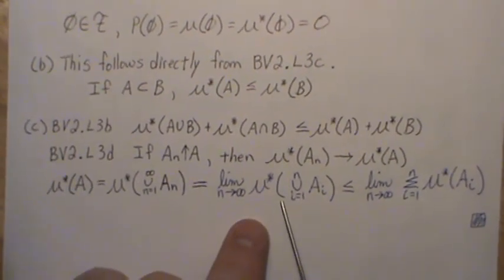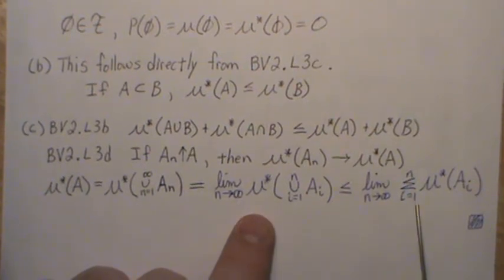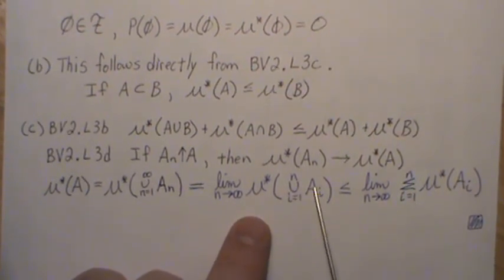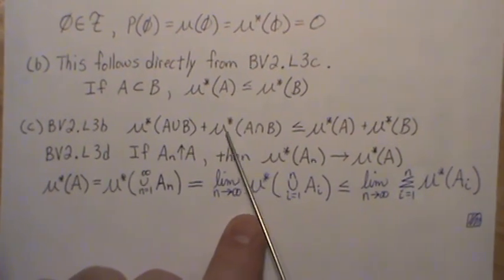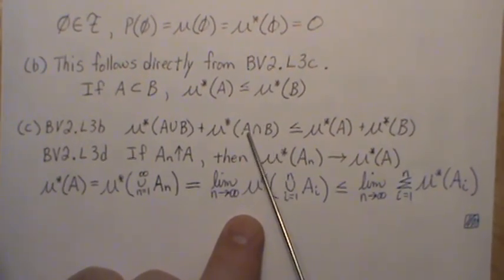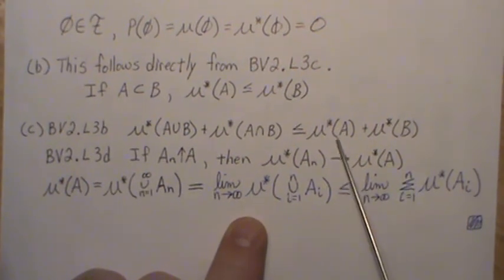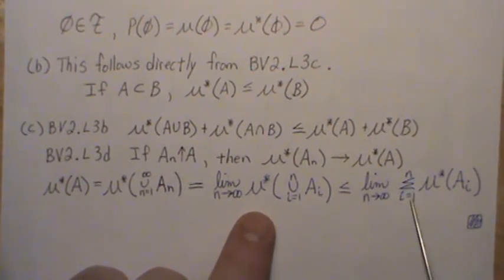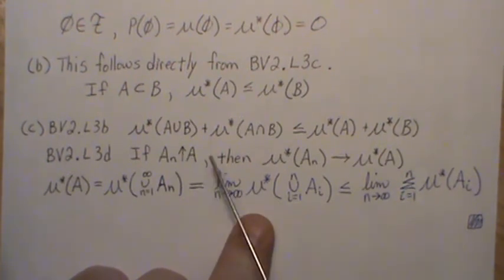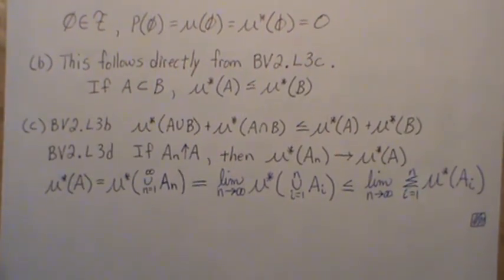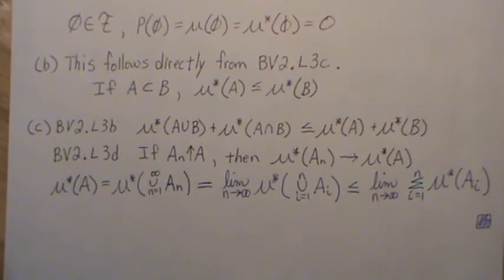But mu star is less than or equal to this. So if this union is here, and this is non-negative, if we delete it, then this is always less than or equal to the sum, and that's what we have here. And that's what we want to show. So mu star is an outer measure on omega.